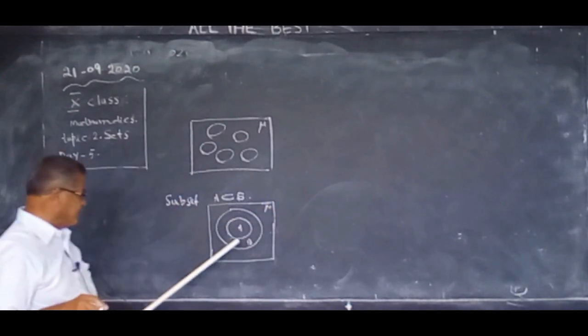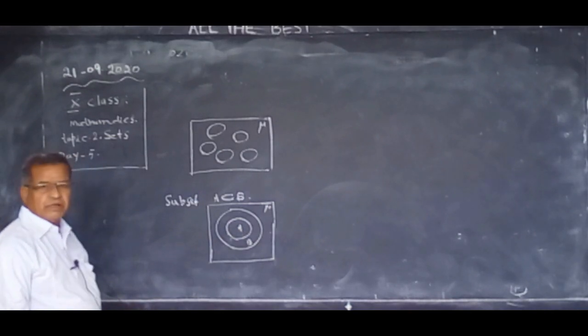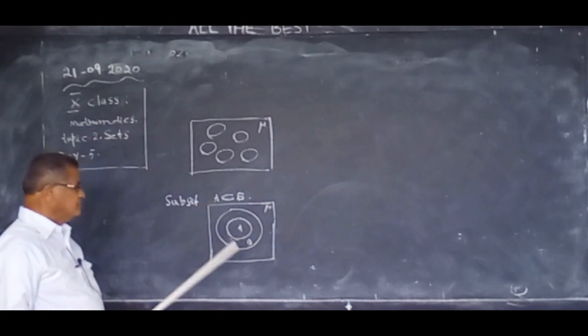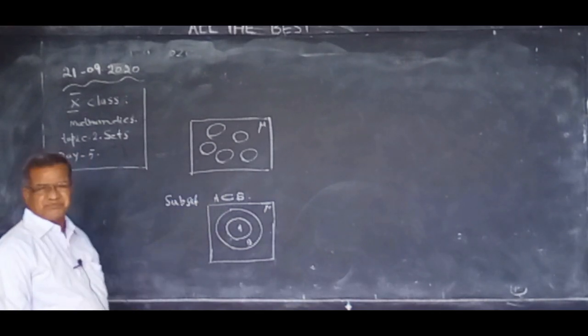So here B contains A, or A is in B. Meaning, the elements of A are also in B.